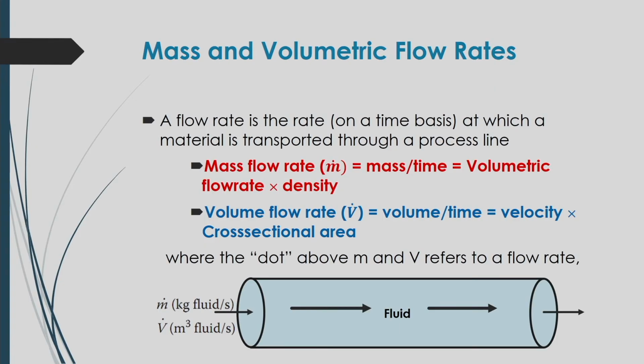So, what are mass or volumetric flow rates? A flow rate is expressed for the fluid flowing through the process unit, at which a material is transported through the process line, and the rate at which the fluid is transferred is called the flow rate.